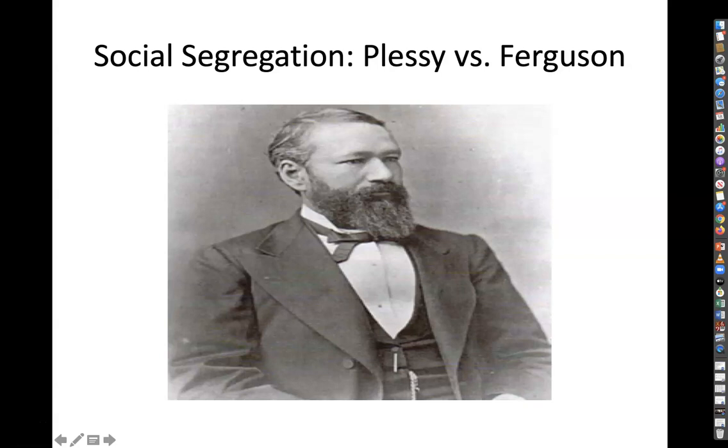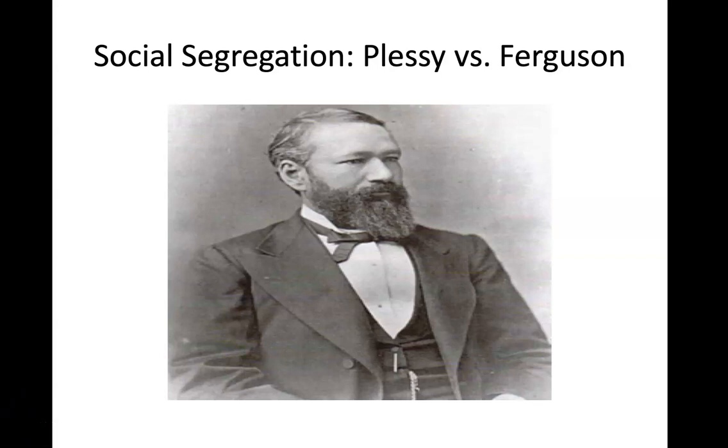And as you may know, Plessy versus Ferguson would finally be overturned by the Supreme Court in 1955 in the famous court case of Brown versus the Board of Education. It would effectively overturn Plessy versus Ferguson.